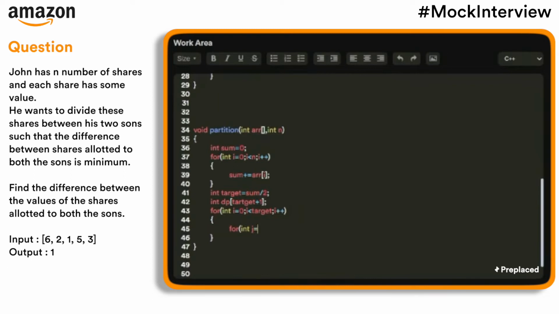So I'll go through each of the elements and check if i minus array of j is greater than or equal to 0, and then dp of i minus array j equals 1.